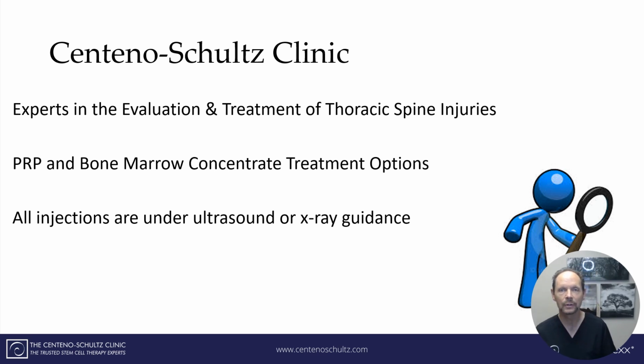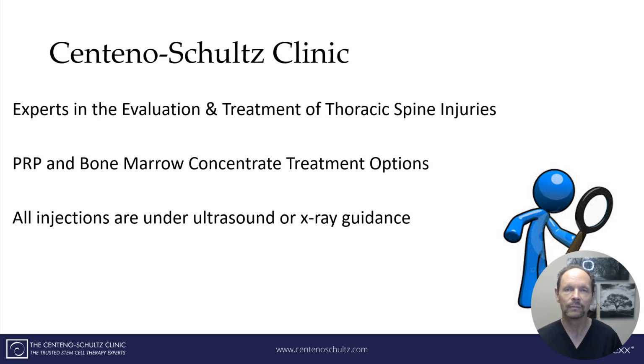At the Centeno-Schultz Clinic, we are experts in the evaluation and the treatment of thoracic spine injuries. There are many treatment options, but it all starts with a thorough evaluation by a board-certified fellowship physician. We take a history, we do a thorough physical examination, and an ultrasound-guided examination when indicated.